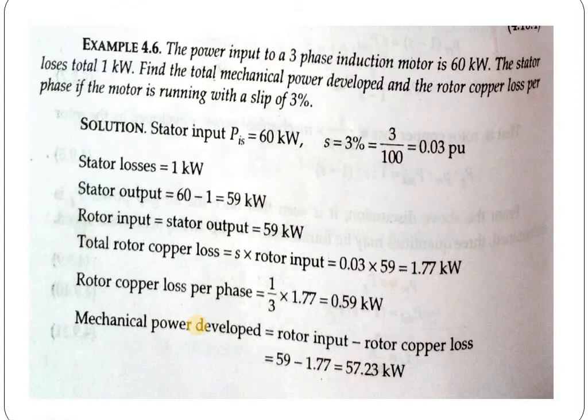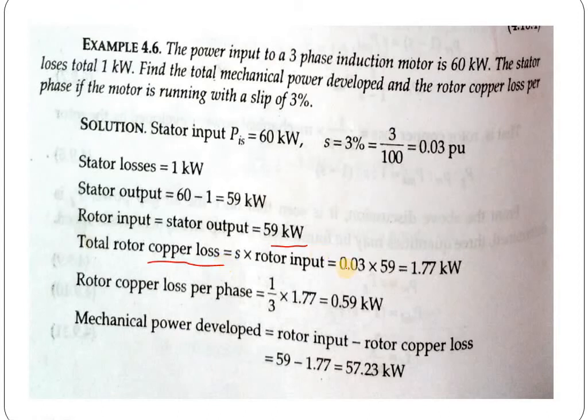So, definitely the stator output will be input minus loss, that is 60 minus 1, that is 59 kilowatt. Rotor input equals stator output, that is 59 kilowatt. Now for calculating rotor copper loss, we have to multiply slip into rotor input.